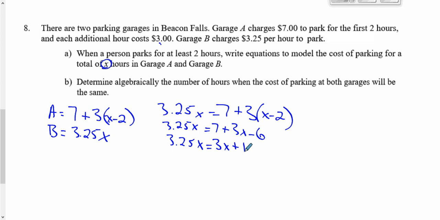What are we going to do now? Let's subtract it from both sides. All right? And what do we get? 0.25x equals 1. And finally what?